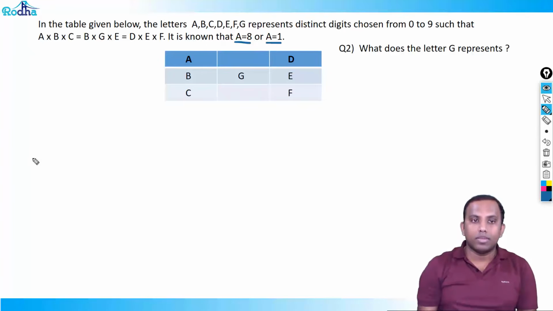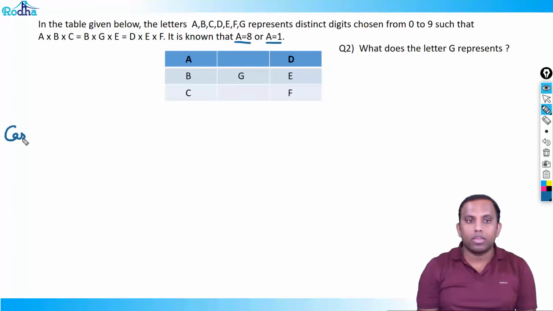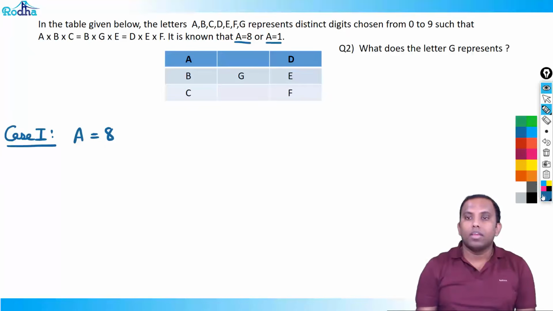So see here, what will happen when A is equal to 8? I'm taking the first case, case 1, when A is equal to 8. Understand this very carefully, right?